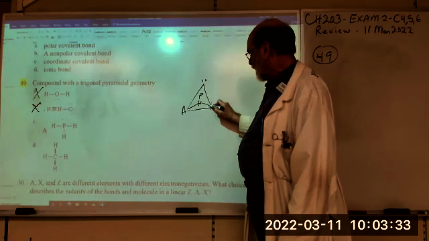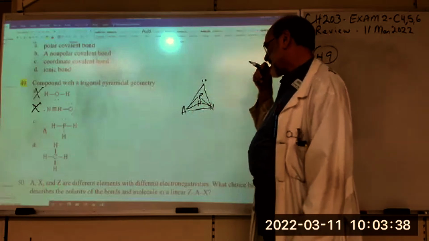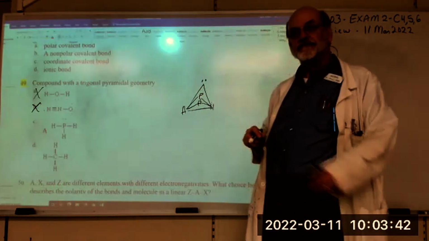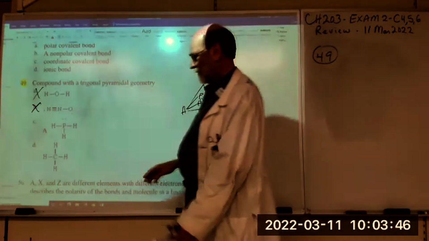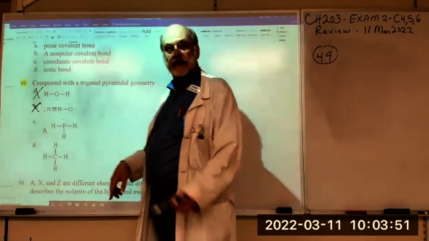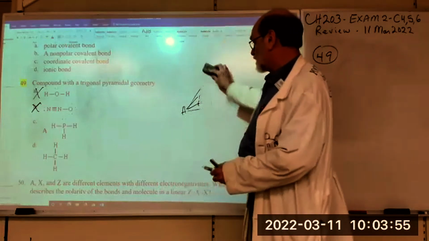The actual bonds are between these, so when you cover that up, you have a trigonal pyramid. Okay, that's the answer. This one's tetrahedral molecular geometry. That's methane. So C is the answer.